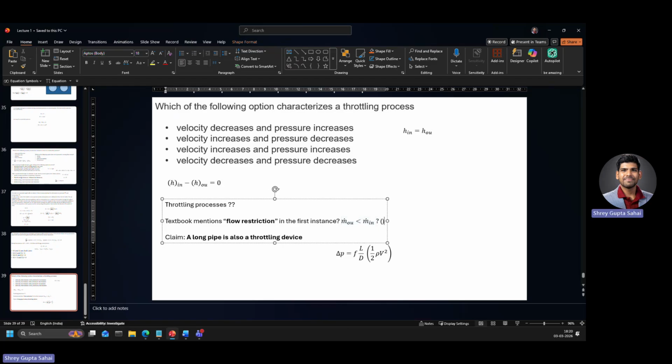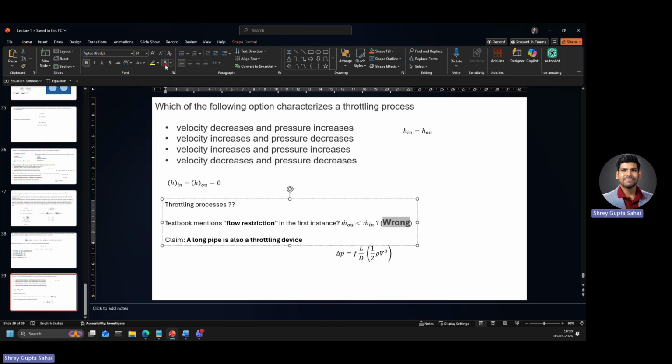This word is actually very ill-posed. It does not convey correctly what it means. Wrong, very wrong. Just mind that it is indeed very wrong.